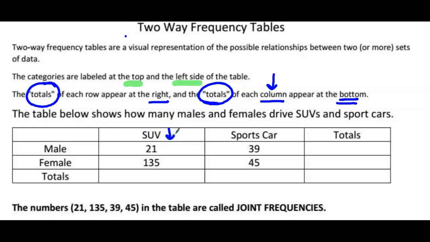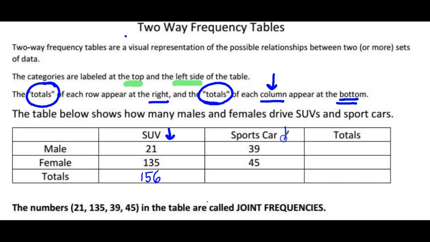We're going to go down and add 21 plus 135. That's what you're going to put in this spot right here. If I add those two numbers together, I get 156. So the total SUVs is 156.